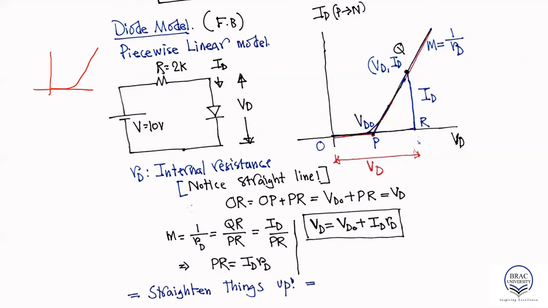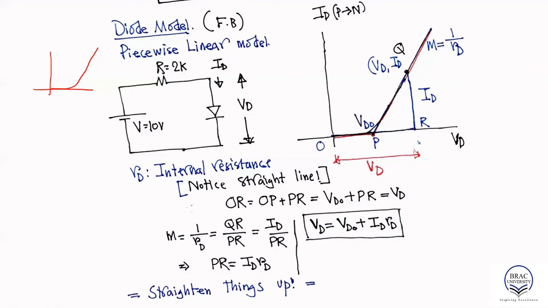Now, of course, you can imagine that the values of VD and ID will change if you change this parameter. For example, instead of 10 volt, if you use 20 volt, you would get a different current and a different voltage. So let's say at 10 volt, we got ID and VD.